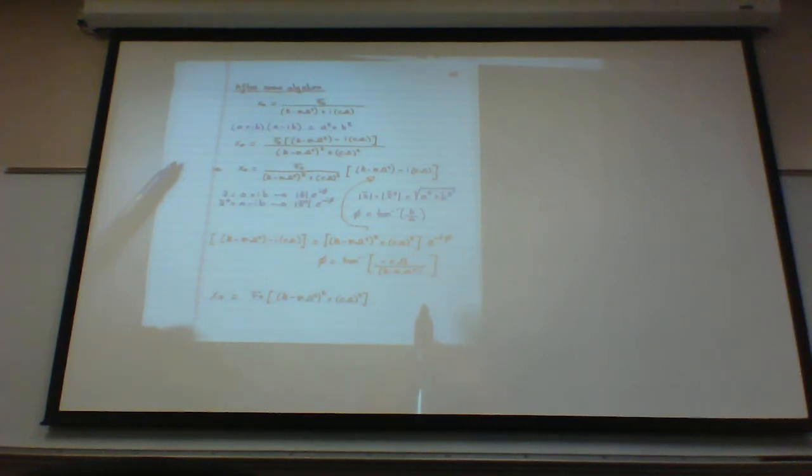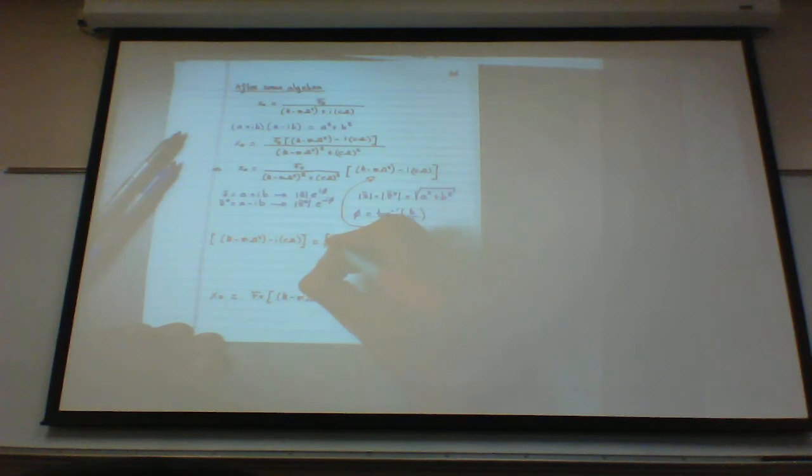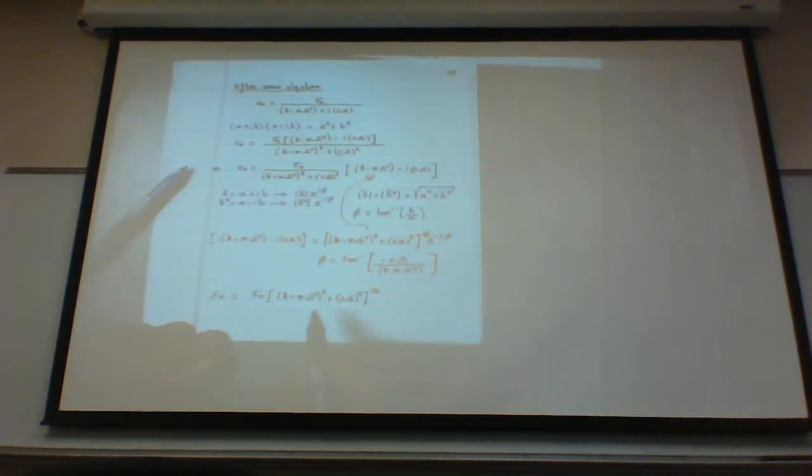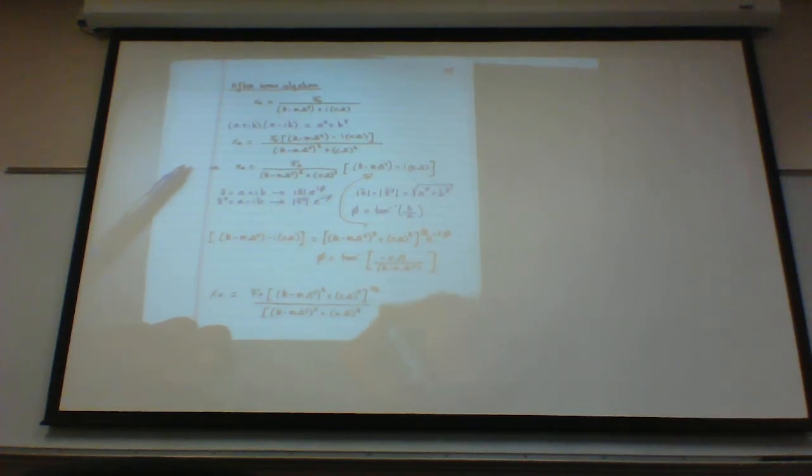Shouldn't there be a square root over that term? Yeah, because this is the magnitude, so I forgot here. So really, guys, you see this one is really a square root. So can I put here just 1/2? You see here, this is a square root, no? So this is 1/2, so we need here the 1/2. Divided by the same thing over here, k minus m omega squared, squared, plus c omega squared, squared, times e to the minus i phi.